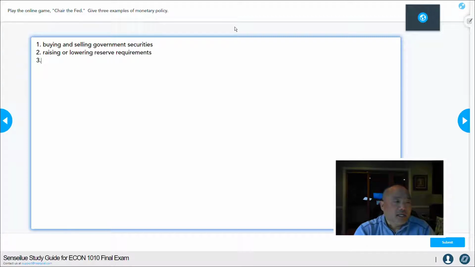And 3, raising or lowering interest rates. Each of these 3 would either increase or decrease the amount of money supply in the economy.